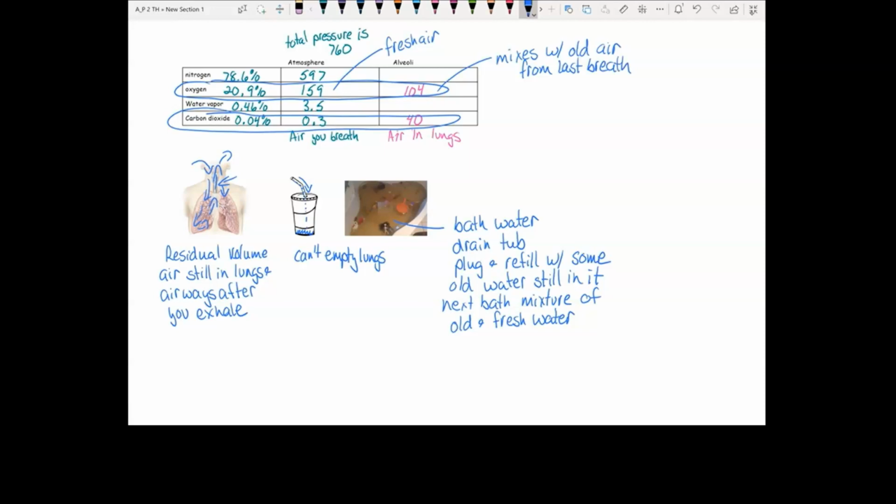So that is why the oxygen in your lungs is lower than the oxygen in the air, and the carbon dioxide in your lungs is higher than the carbon dioxide in the air. With every breath, you mix fresh air with old air.